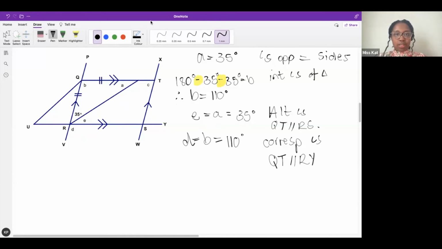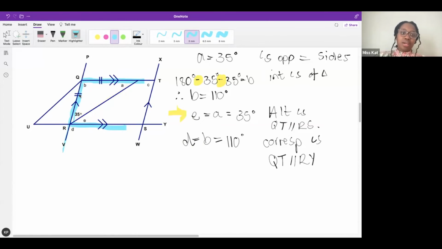Okay, is there anybody else who wants to? But before we move on, I know someone maybe is shy. Let's highlight the Z and the F for corresponding and alternates, okay? So this Z over here is how we figured out A and E. And then let's do the F for B and D. It was there, going down, and there.